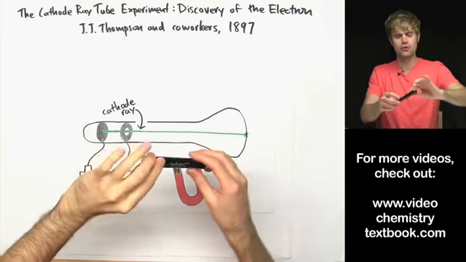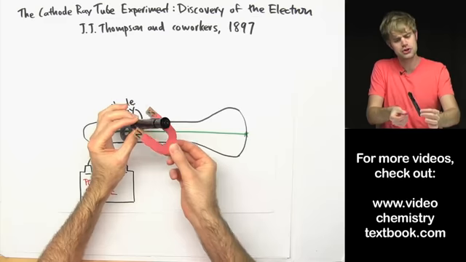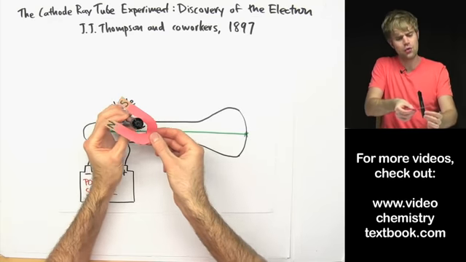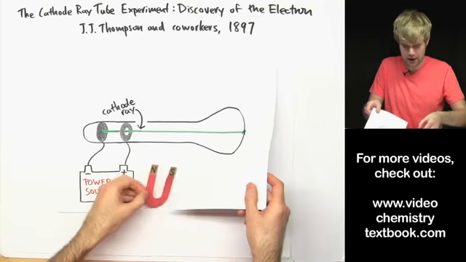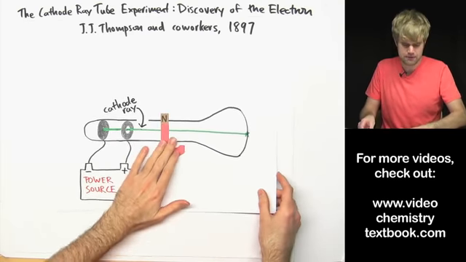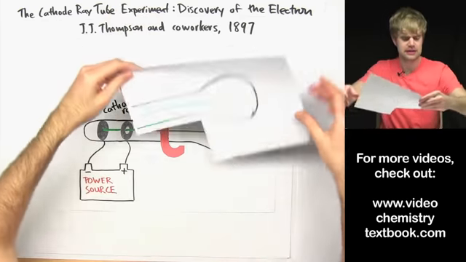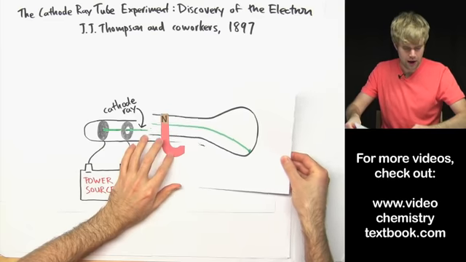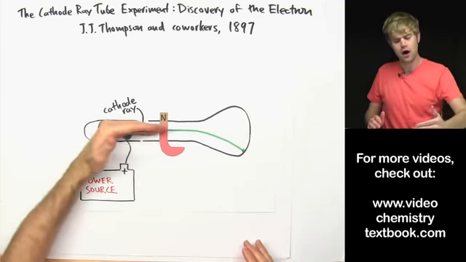So he takes a cathode ray tube, if you want to think that this marker is kind of the cathode ray tube, and he surrounds it with a magnet, just like this. We can kind of show what goes on by slipping the magnet under like this. So anyway, he puts the magnet here, and he sees now that the cathode ray bends in the other direction.